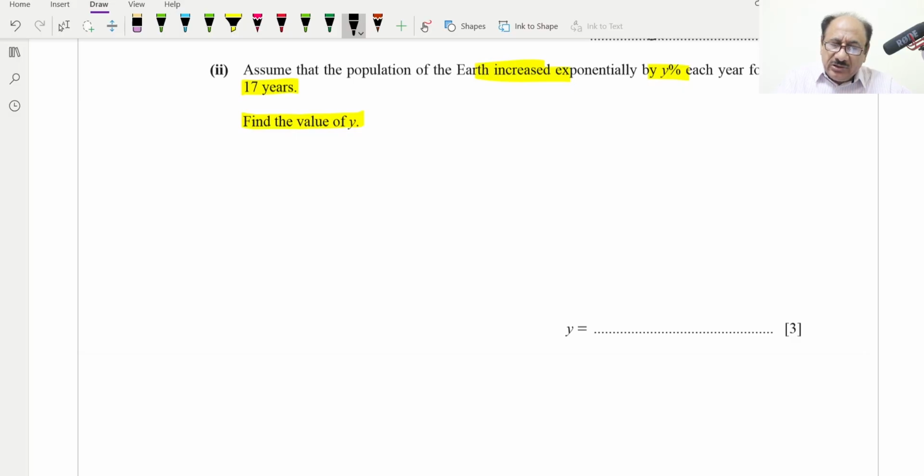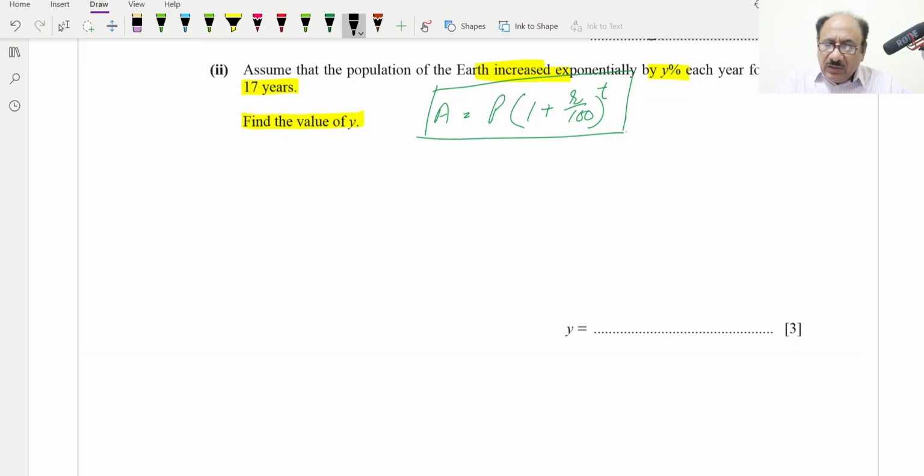If I write the formula first, the amount A is equal to the principal or starting amount times 1 plus r over 100 raised to the power time duration. So this is basically the compound interest formula, which we will use, or compound increase.